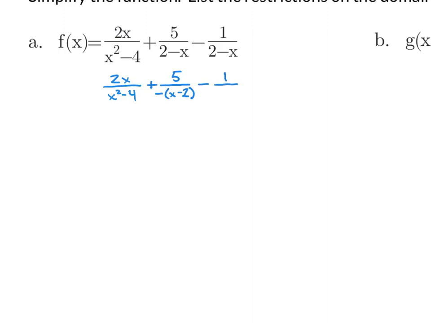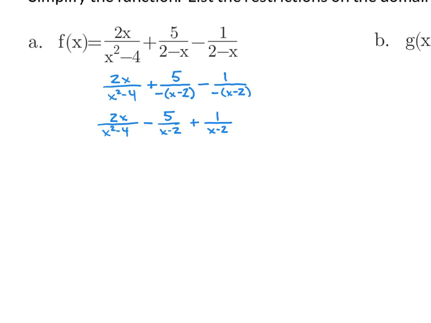So we get 5 over minus x minus 2 minus 1 over negative x minus 2. I'm also going to go ahead and move those negatives to the front and change the signs of these terms. So instead of plus 5, I'm going to make this minus 5 over x minus 2. Instead of minus 1, I'm going to make this plus 1 over x minus 2.